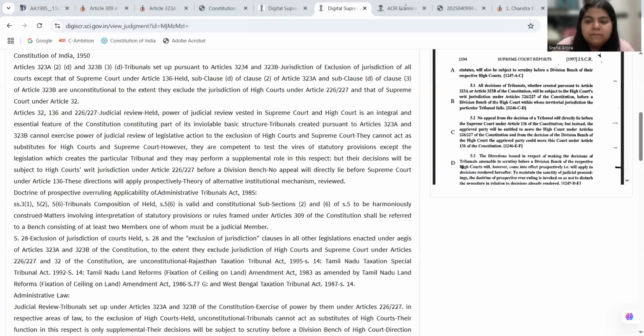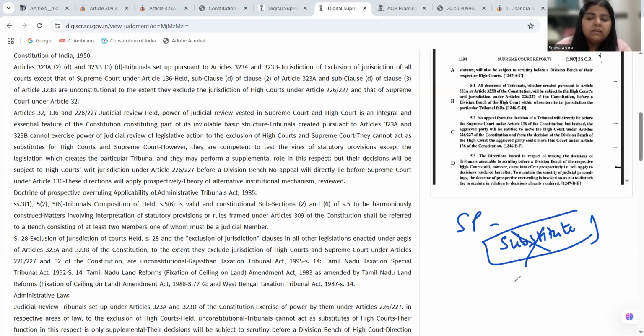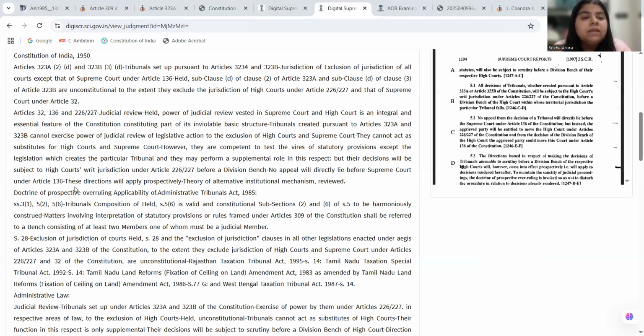Now, when Sampath Kumar said that the tribunals are not subordinate but substitute to High Courts, the L. Chandra Kumar judgment overrules that aspect, and says that they are not substitute but rather subordinate to the High Court, and the judicial review of the High Court shall be valid in the cases of tribunals. So when we bar the Article 226 jurisdiction of the High Court to exercise judicial review, we are basically making a provision unconstitutional.